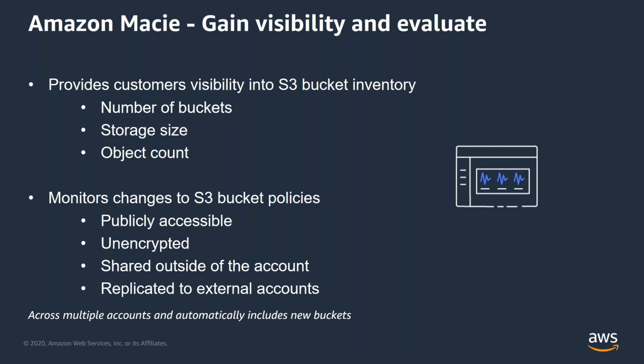The first one around gaining visibility and the ability to evaluate their data sets. Amazon Macie gives you constant visibility of data security and data privacy of your data stored in Amazon S3.